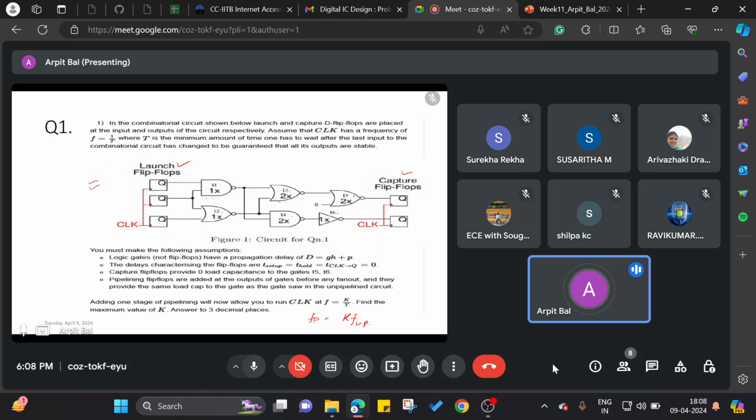Okay, have you noted it down? Okay, let's wait for some more time so that others can also note it down.